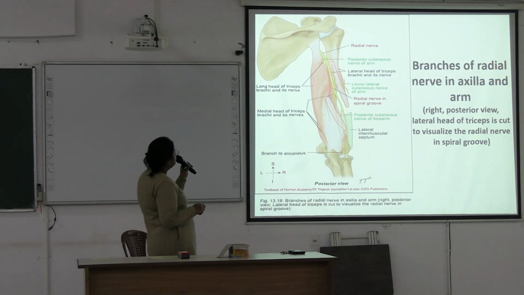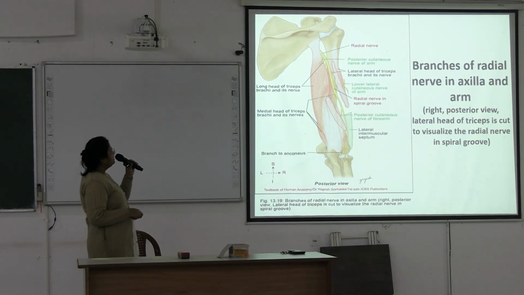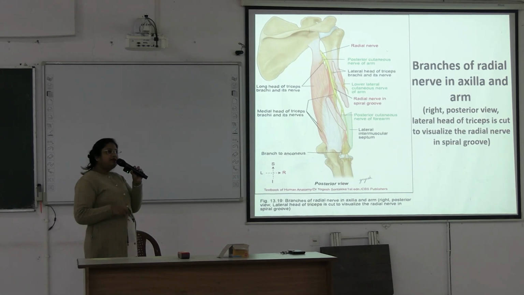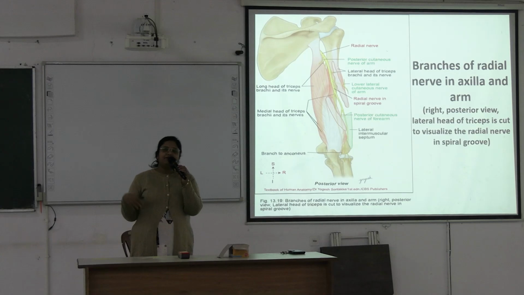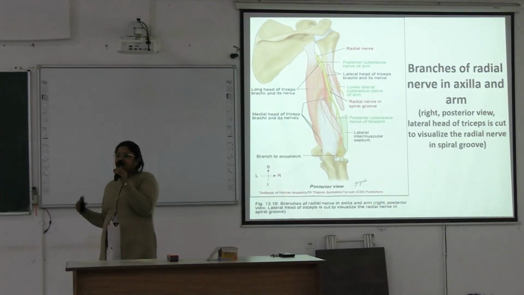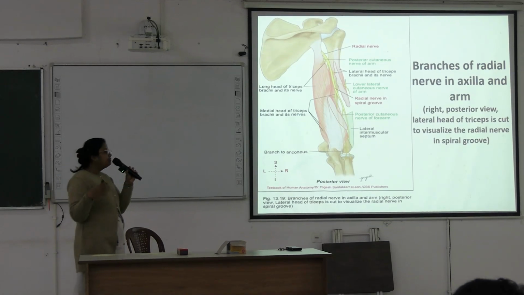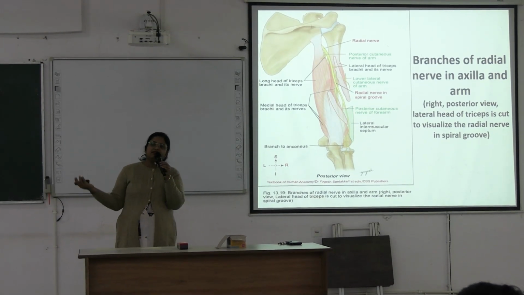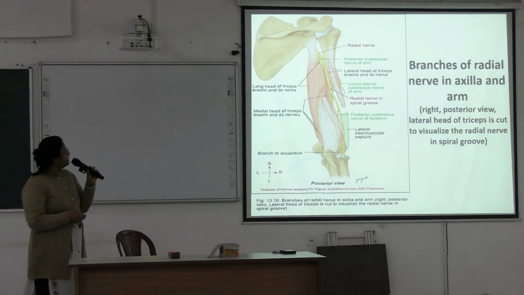After that, it is piercing the lateral intermuscular septum and entering into the anterior compartment. Here it is dividing into two branches, superficial and deep. The superficial branch is supplying the skin, and the deep branch is piercing the supinator muscle, entering into the posterior compartment of the forearm. Okay.